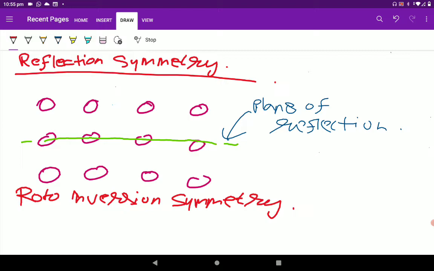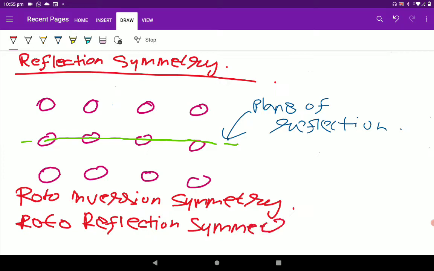There is also a combination of rotation and reflection. We can call that roto-reflection symmetry. In this case, rotation around an axis is followed by the reflection.